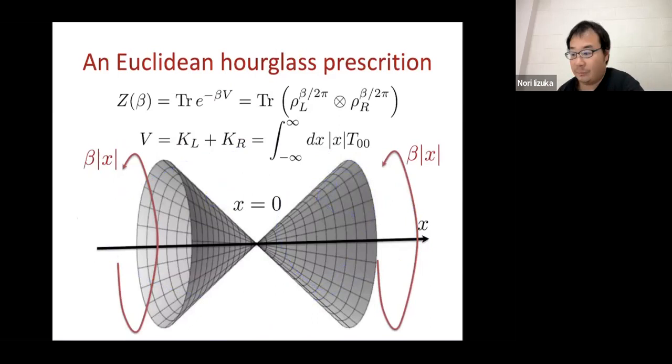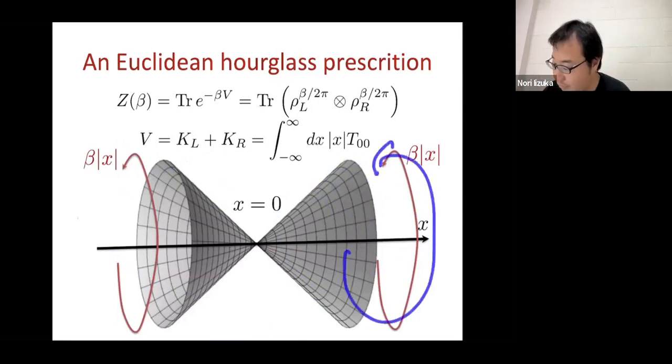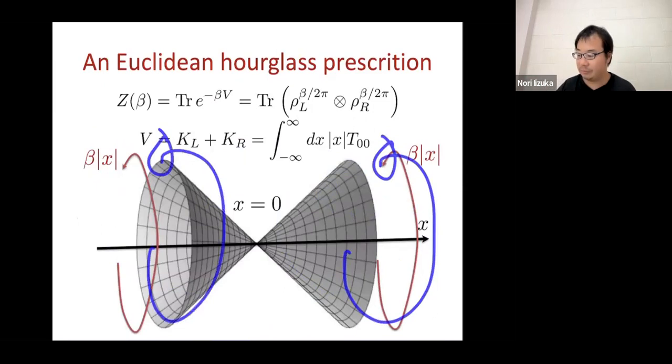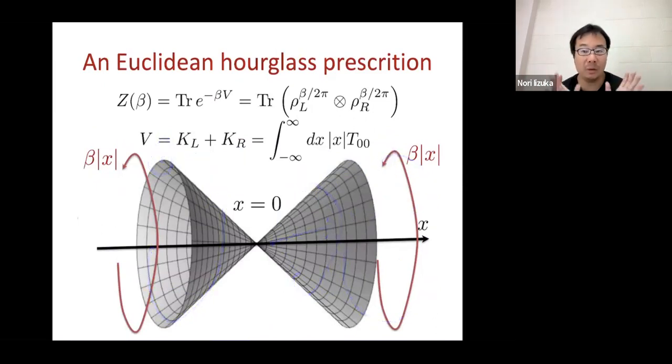So that's the formal argument for the V operator, which is a generator of time evolution along this angle, in r and theta. Both left and right go in the same direction. In the cone geometry, where left and right are attached to each other, it's an isometry.